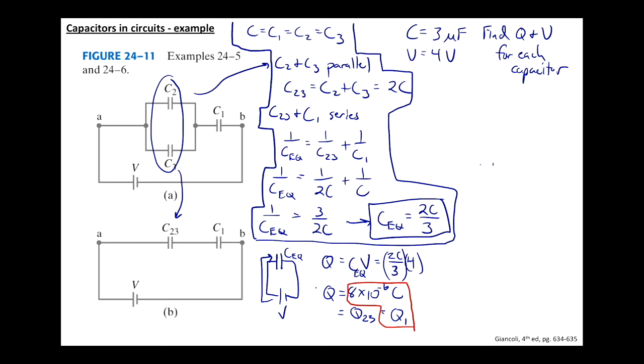We have that. Well, I could use capacitance 1 to find the potential difference across 1 as well.